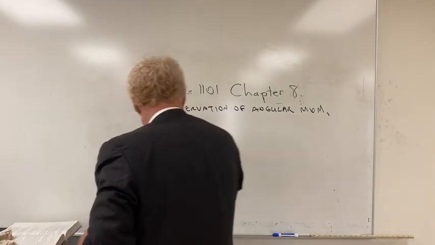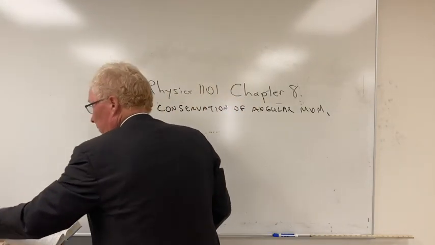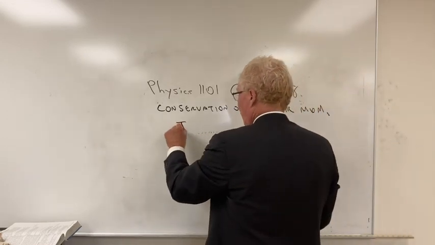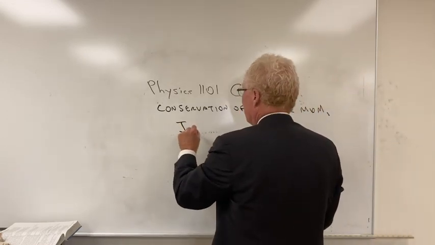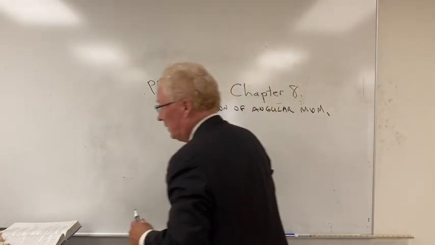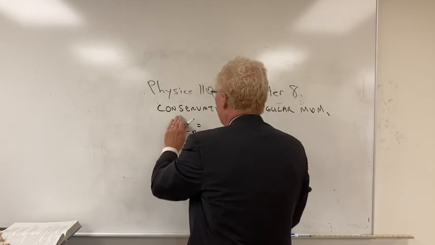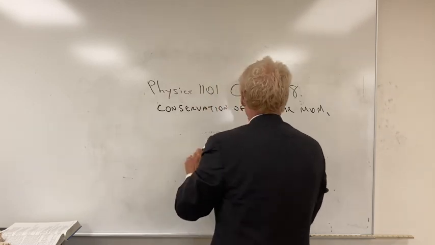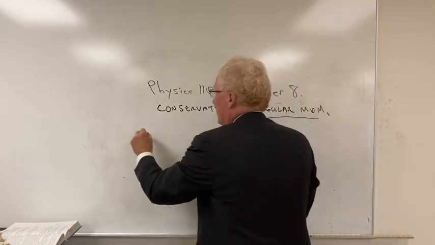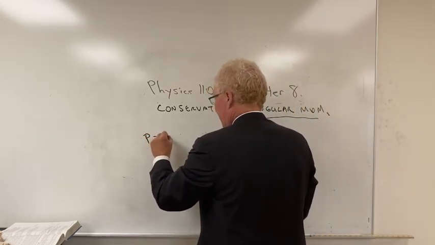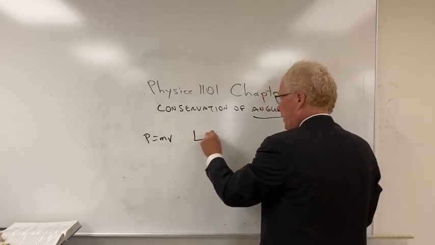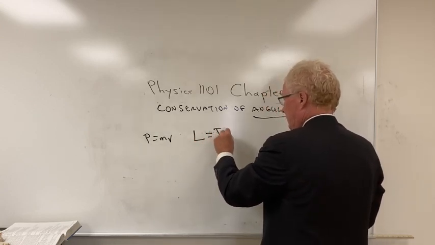Now, how does this work? Well, this term is angular momentum. For linear momentum, P is m times v. For angular momentum, we use the letter L, and it's I times omega.